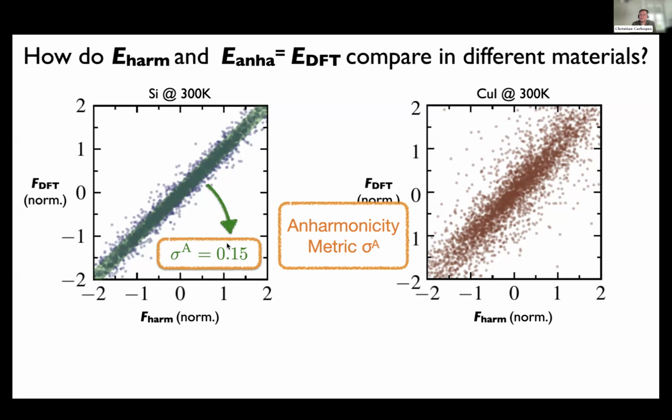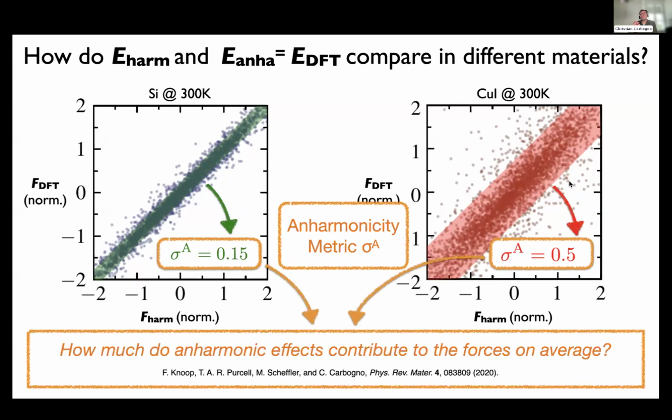So a small amount, so here perturbation theory is certainly justified. Copper iodide, on the other hand, gives you a sigma metric of 0.5, implying that 50% of the forces on average stem from anharmonic effects. Here, surely we have a material where perturbation theory comes to its limits.